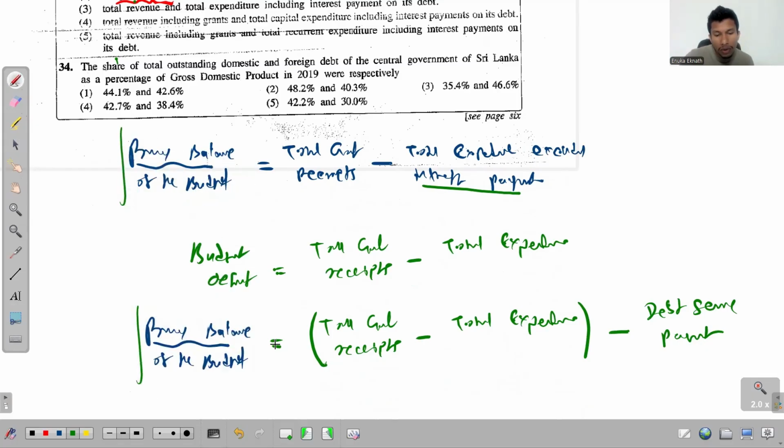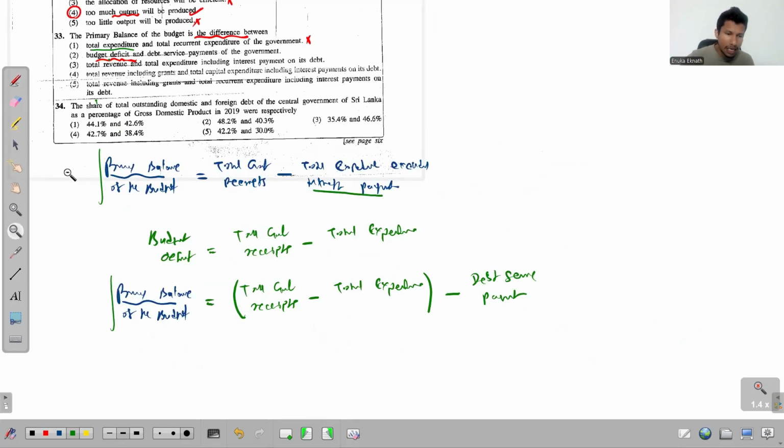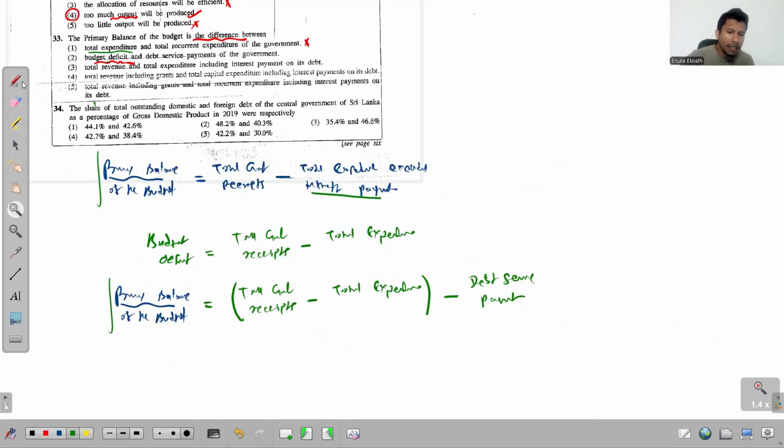Is it true? The problem is inside the debt service payments. Generally speaking, debt service payment is whatever expenditure or payment is related to interest. So in debt service payments, we get two components. What are the two components? We get the interest component, and also we have the loan repayment.